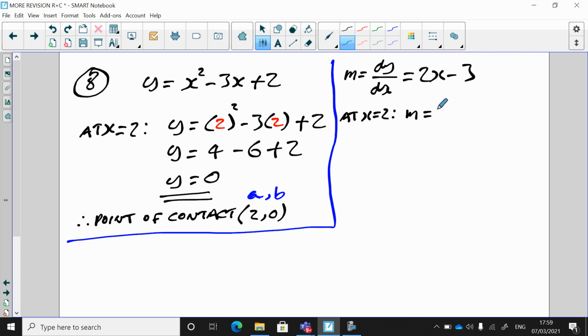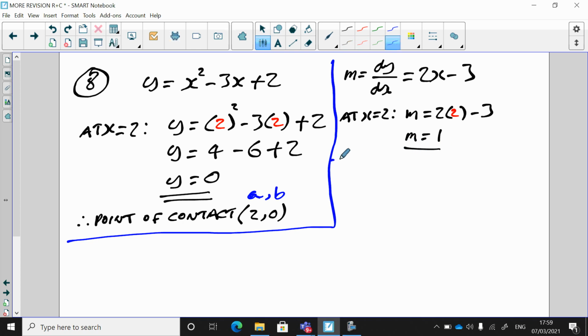I can just fire in that value there, put a wee bracket, 2 2s are 4, take away 3 is 1. Okay, so I've got my gradient there, that's fine.